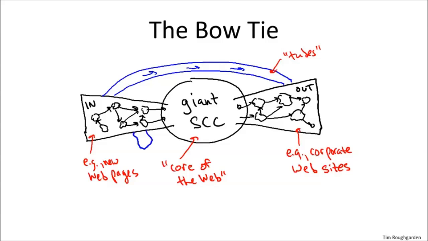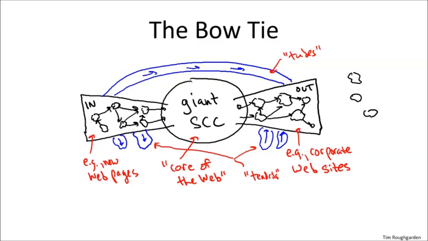And then there's also kind of very curious outgrowths going out of the in component, but which don't make it all the way to the giant SCC. And similarly, there's stuff which goes into the out component. Broder et al. recommended calling these strange creatures tendrils. And then, in fact, you can also just have some weird isolated islands of SCCs that are not connected even weakly to the giant SCC.